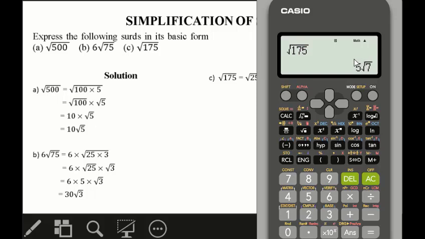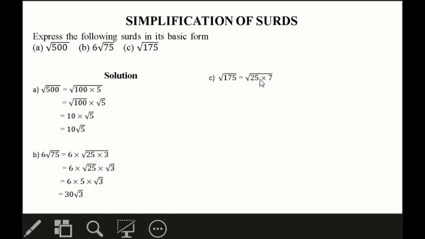Good. Now the 5 outside the square root is multiplied by itself as 5 times 5, which will give you 25. Then we are now going to write 25 times the 7 inside the square root, all root, as shown over here. You do this, then later we split it into 2 as the root of 25 times the root of 7.